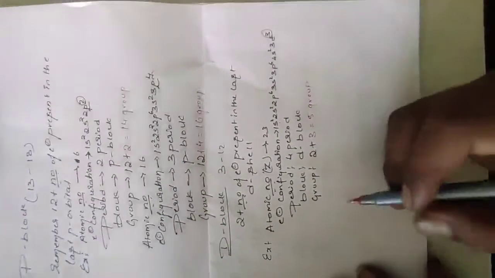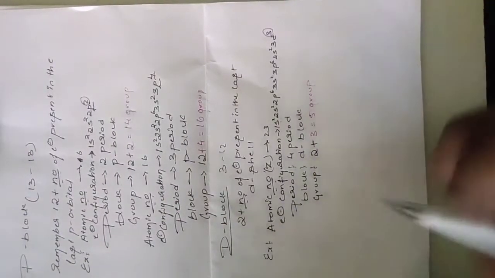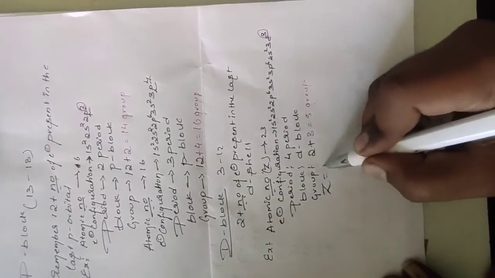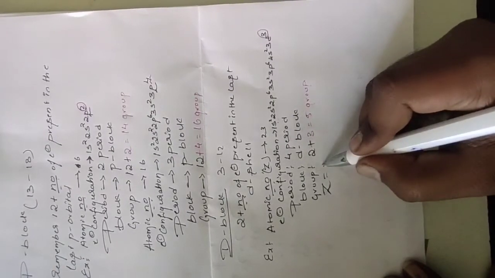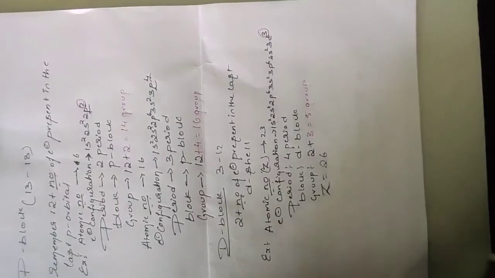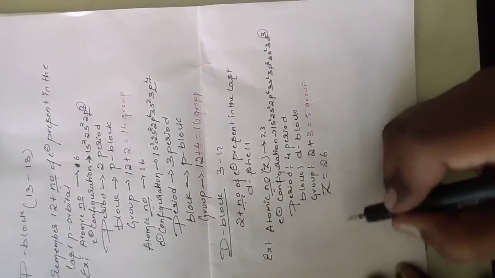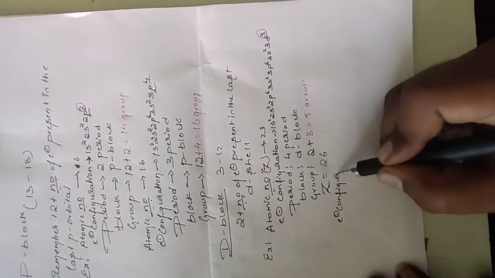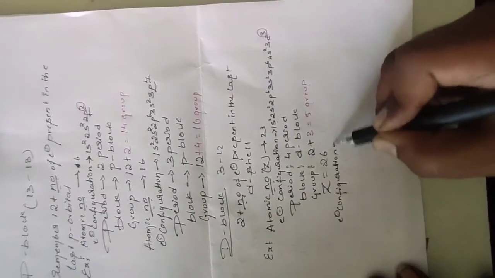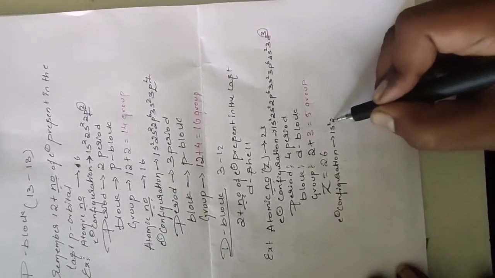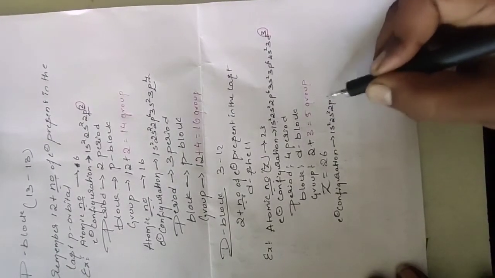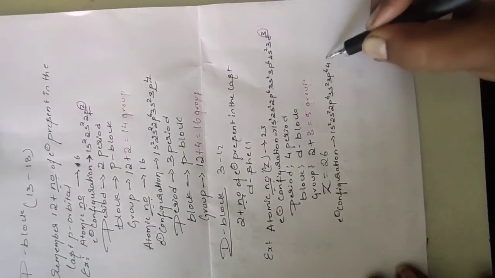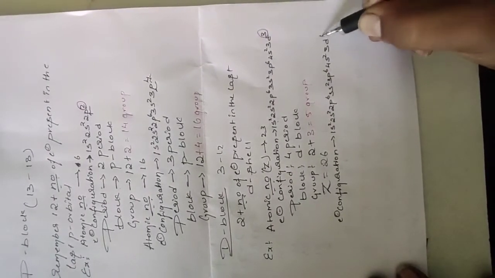We take another example, Z equals 26, atomic number 26. The electronic configuration is 1s2, 2s2, 2p6, 3s2, 3p6, 4s2, 3d6.